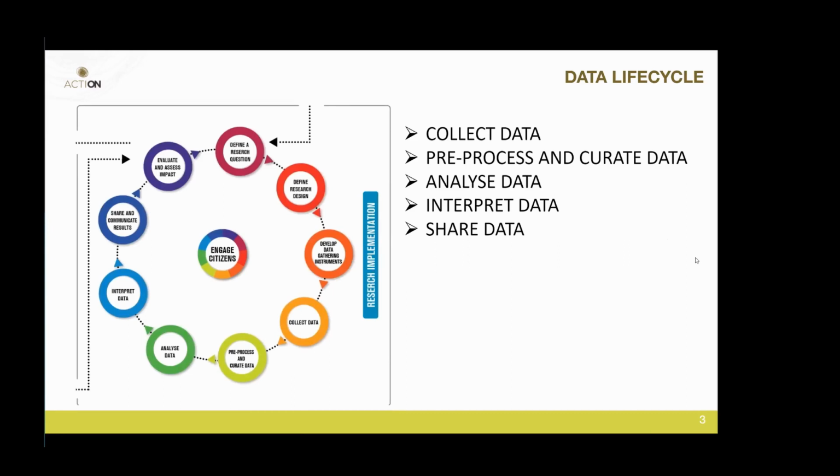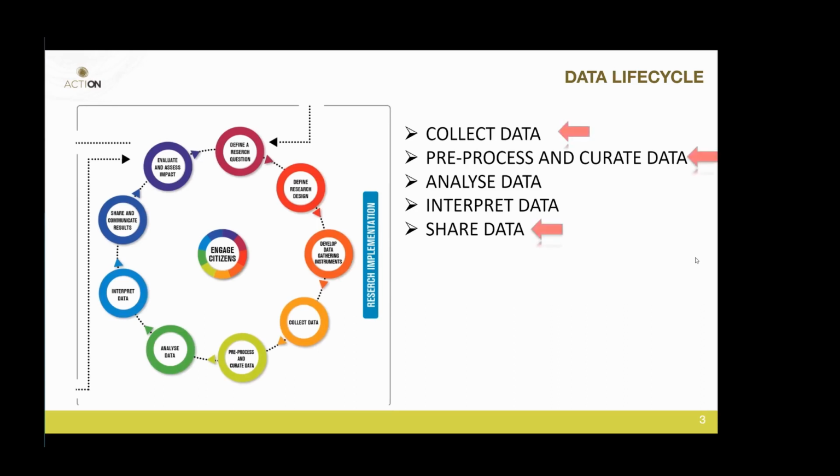So, just a reminder, this is the research life cycle. If you remember, we start with a research question, we define the research design, and we continue through the data life cycle: collect data, preprocess and curate data, which is basically cleaning the data that you collected before, analyze the data, interpret the data, and finally share and publish your data.